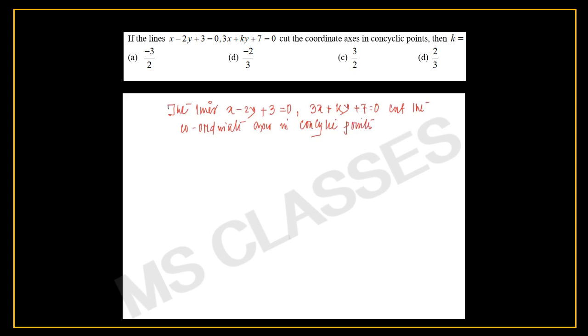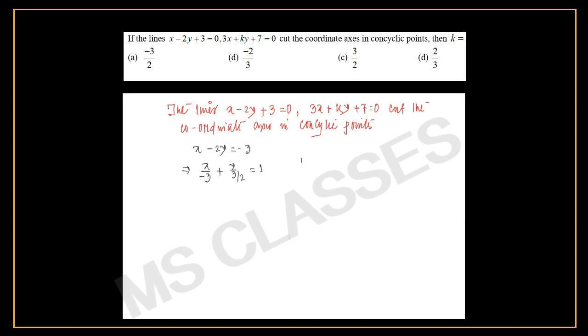So first of all, since it is given in accordance with the concept that when the lines cut the coordinate axes in concyclic points, the product of x-intercepts equals the product of y-intercepts. First, we bring the first line in the intercept form to understand what the x-intercept and the y-intercept of the line are.